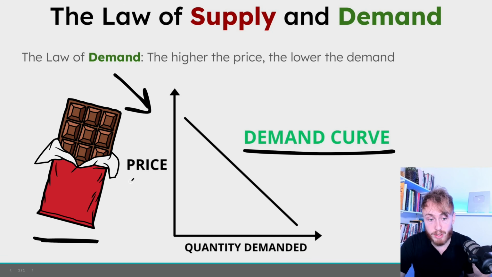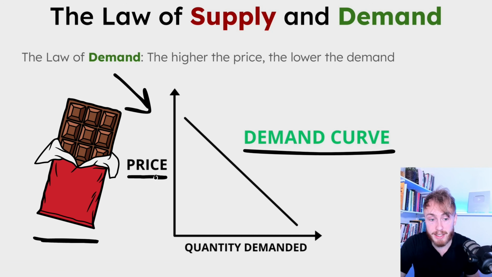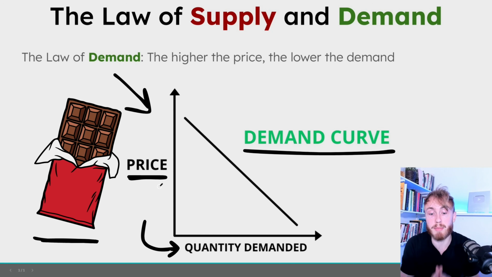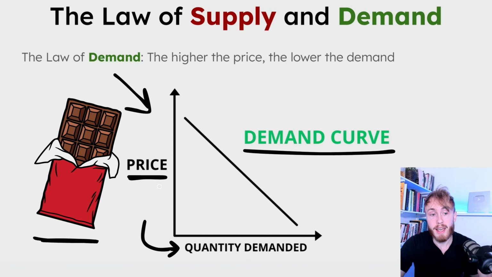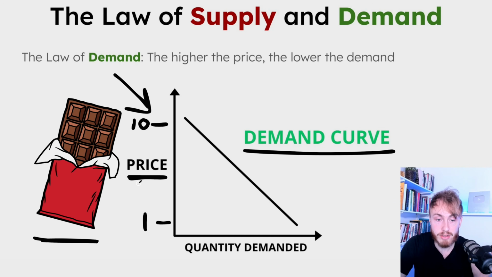On the y-axis here, we have the price. And on the x-axis here, we have the quantity demanded, which is how many chocolate bars. Let's say that up here, the price is maybe $10. And all the way down here, the price of a chocolate bar is $1.